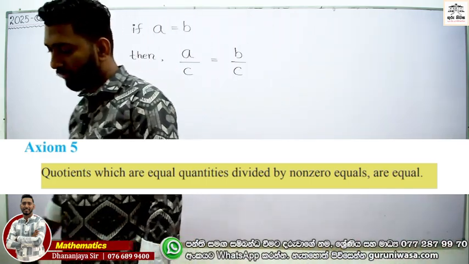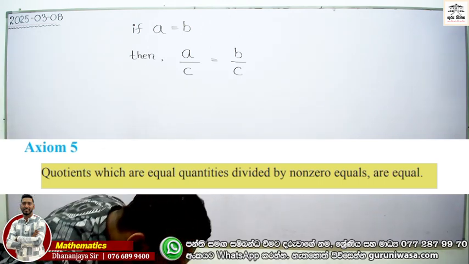Now, write axiom number 5 and put a star mark and write this one.